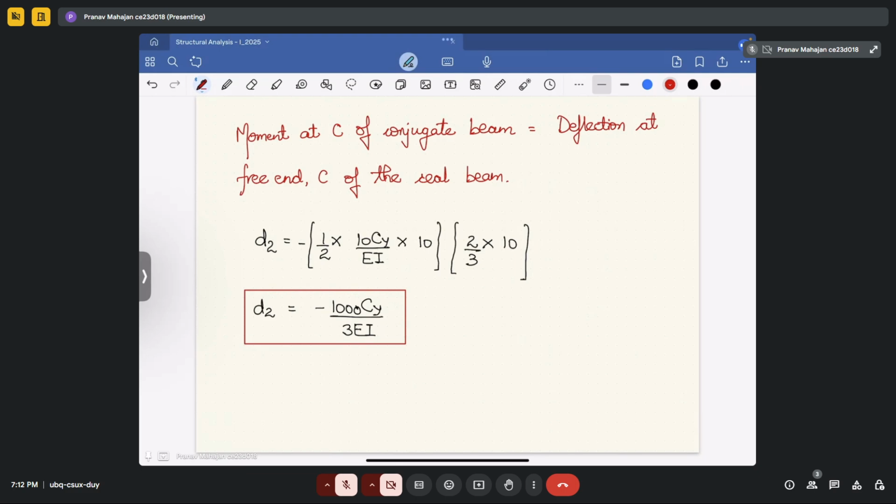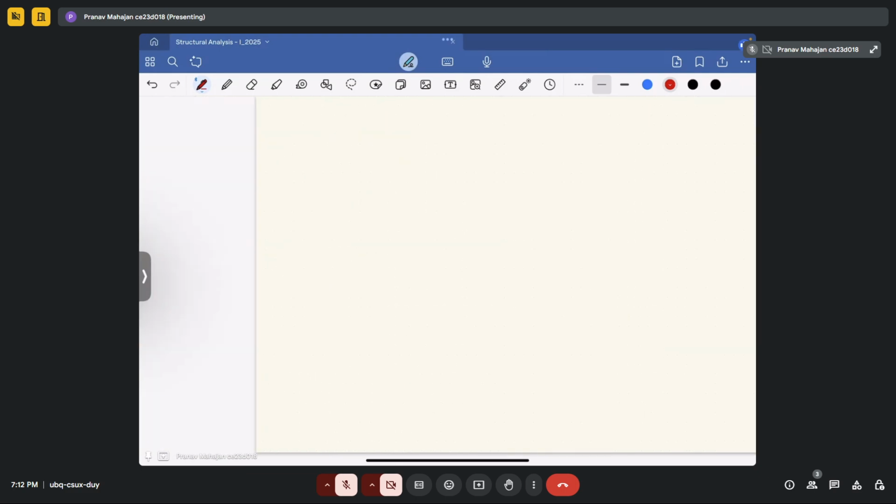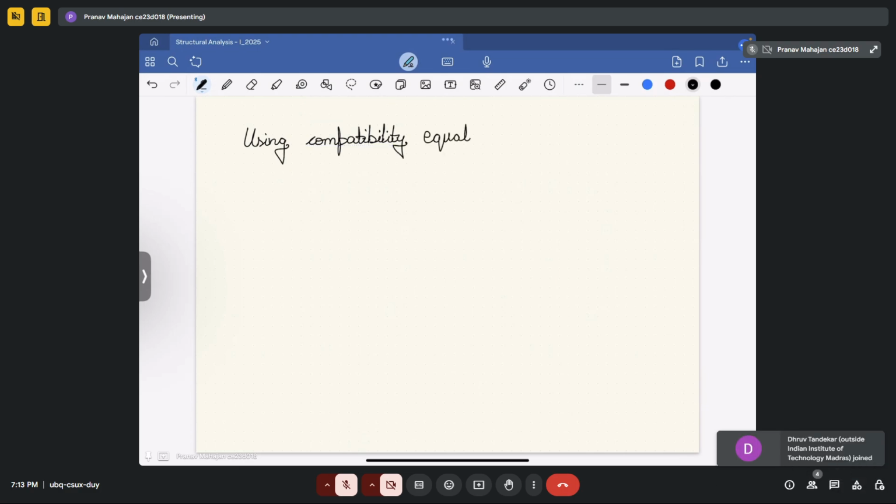Now you will use the compatibility equation to solve for the unknowns. So what do we mean by compatibility? You have to see how it will affect the structure.